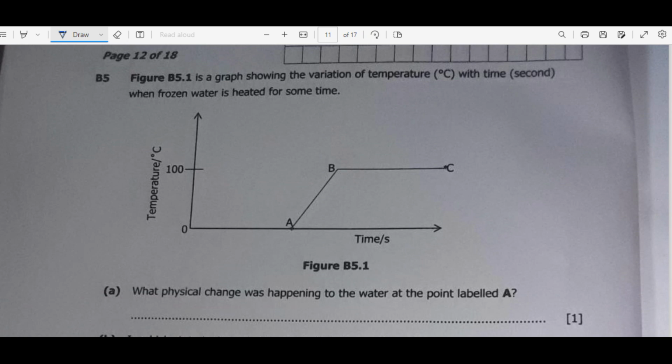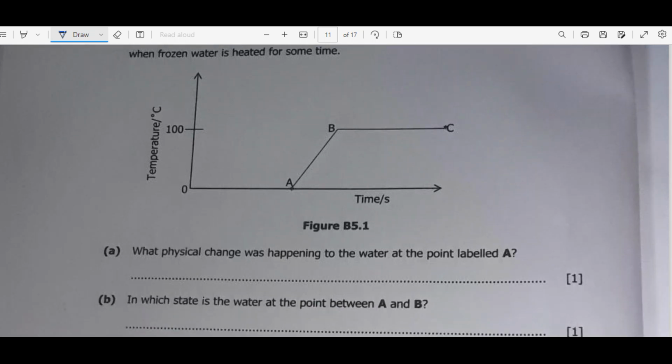Okay, so we move on to question 5. Figure B5.1 is a graph showing the variation of temperature in degrees Celsius with time in seconds when frozen water is heated for some time. So the whole thing is starting from the frozen water, which is ice.